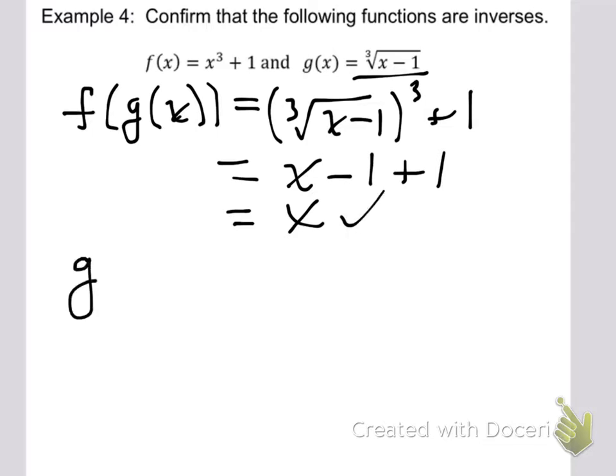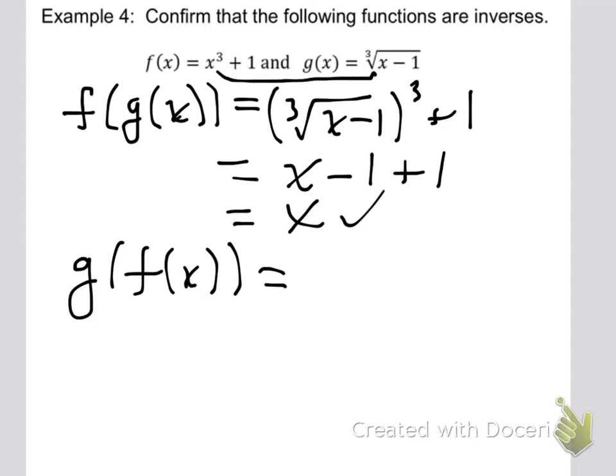So now we got to do g of f of x. Alright, so now let's erase that. So now we got to plug f of x in for x here. So we're going to have the cubed root of x cubed plus 1 minus 1.